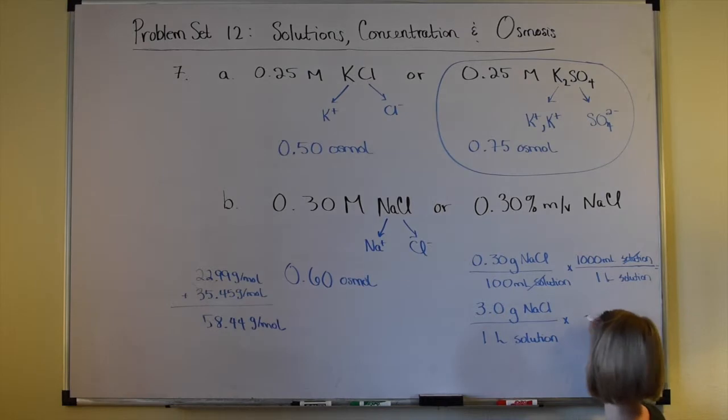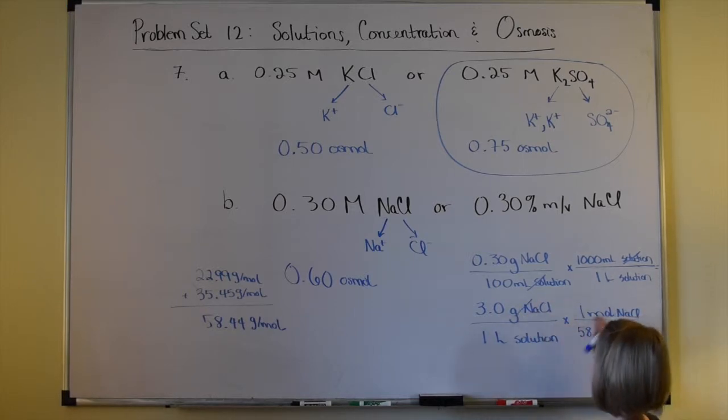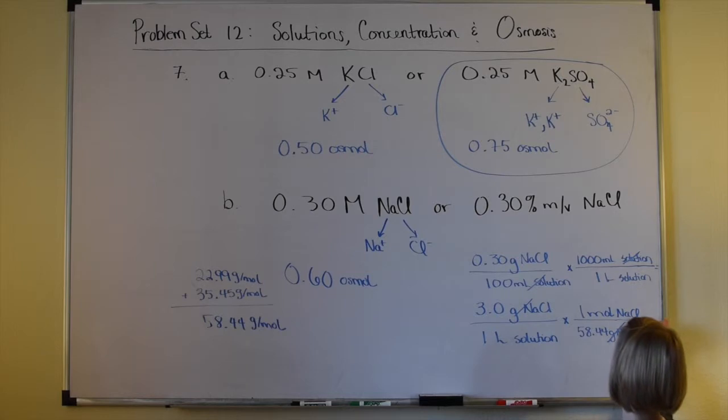So let's go ahead and plug that in over here. The grams goes on the bottom. The mole goes on the top. We don't want that to cancel. We want the grams to cancel. Then we're going to have moles per liter. So I'm running out of room over here. Sorry about that.